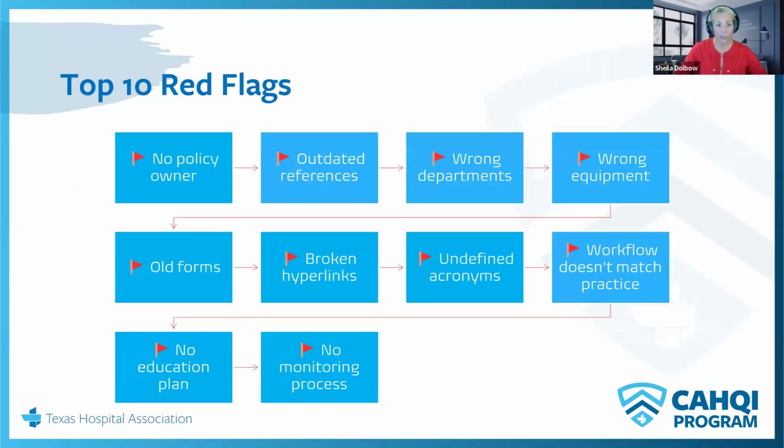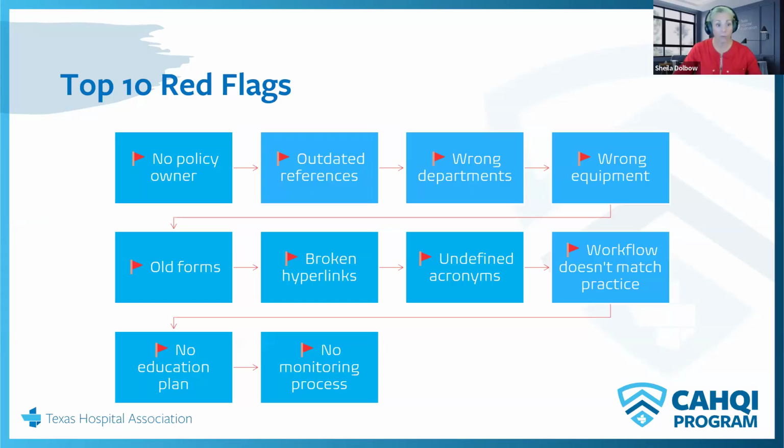Some of the red flags to policies and procedures: if there's no policy owner, it's not clearly defined who's responsible for it. Those outdated references or wrong departments that may be listed, wrong equipment. It may be referencing old forms. Think about whatever forms you utilize when you have downtime, when your electronic systems go down and you have to revert back to paper charting.